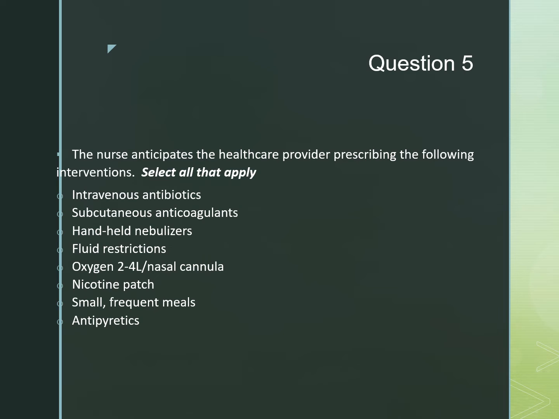So we definitely want to get some good nutrition going in, protein and some complex carbs. Antipyretics. Well, this client was not exhibiting a fever, so it would not be appropriate for this particular client at this point.